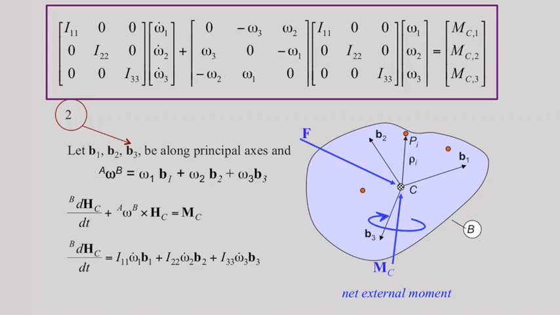The first term is essentially the derivative of the angular momentum in a body fixed frame. The second term is the correction. The third term, the term on the right-hand side, is the net moment. In what follows, we will use P, Q, and R to denote the components of the angular velocity vector along B1, B2, and B3.